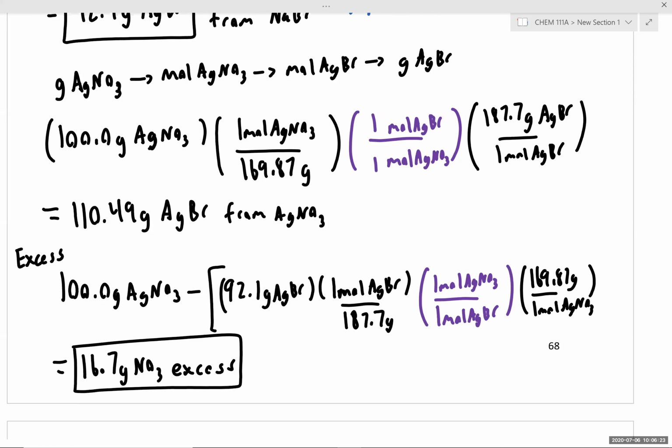May I scroll down to the example that we're working on right now? I just want to check that everyone was able to finish taking down their notes.